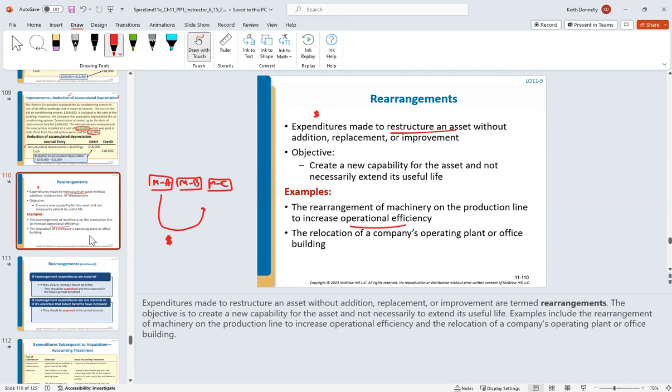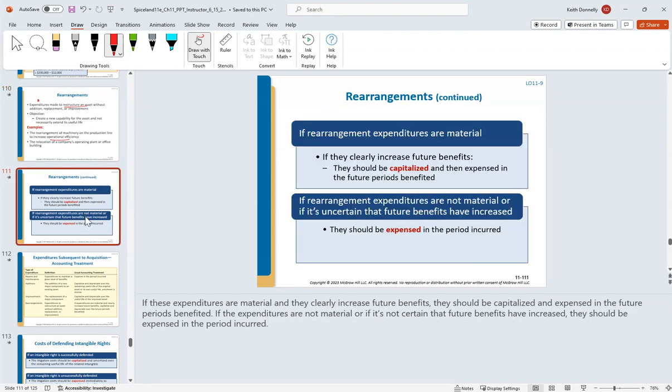So the question becomes, how do we account for these rearrangements? Well, essentially, you got to see, is it material or not? That's one of the first things. If the rearrangement expenditures are material and they clearly increase future benefits, then we're going to capitalize them and expense those capitalized costs over the periods benefited.